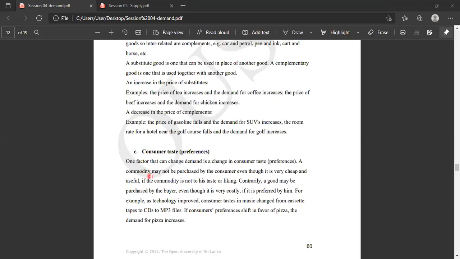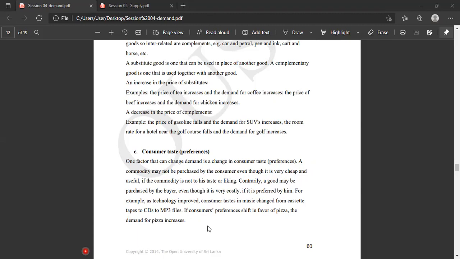See, one factor that can change demand is a change in consumer taste or preferences. A commodity may not be purchased by the consumer, even though it is very cheap and useful, if the commodity is not to his taste or liking. Can you understand? There is a product, its price is very much lower, even though that product will not be bought by the people if they don't like it.